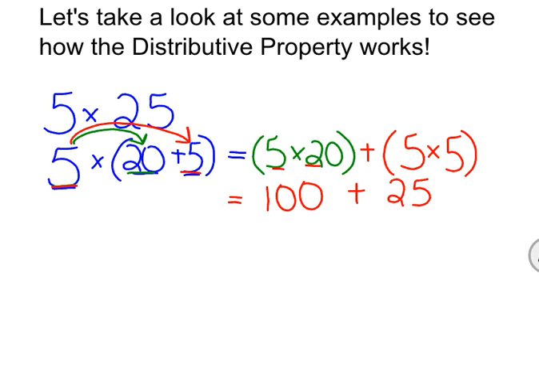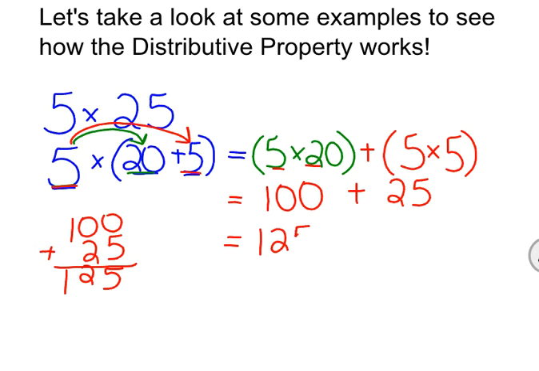I have a product of 100 and a product of 25, and the last step is to take those two products and add them together. So off to the side, I'm going to add 100 plus 25, and I get a product of 125. So 5 times 25 equals 125.